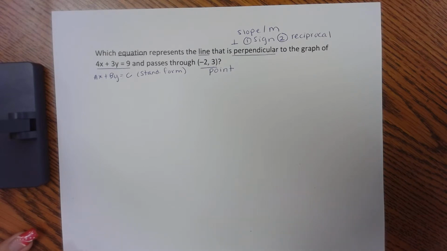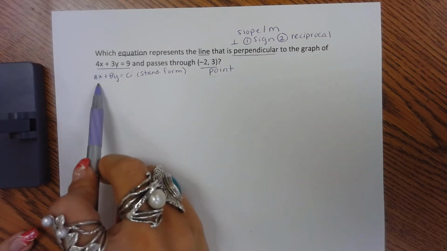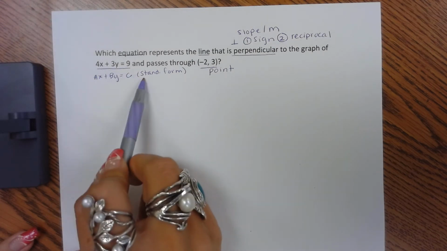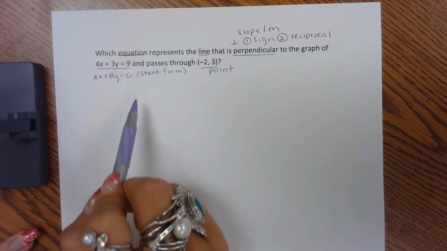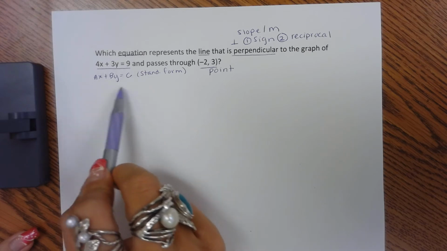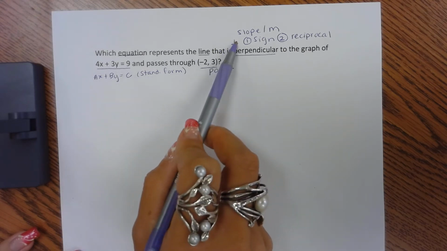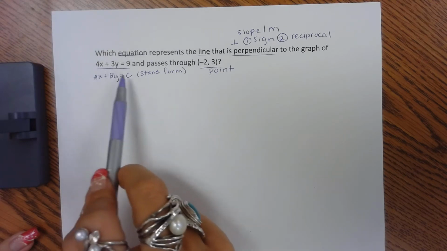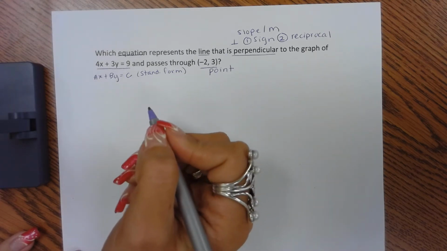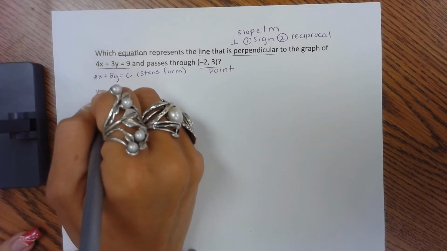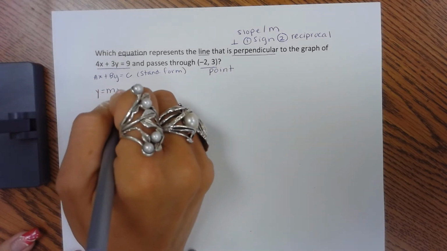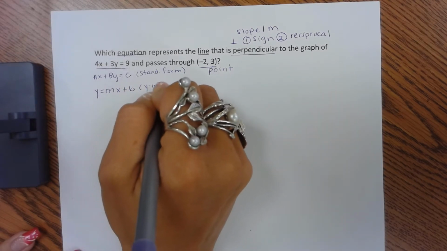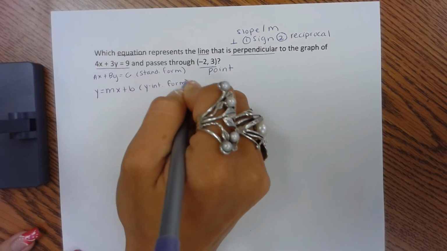So the first step is we need to change this equation from standard form into slope-intercept form. We cannot find the slope in this form. We can find the slope when it's in y-intercept form, and y-intercept form is y equals mx plus b.